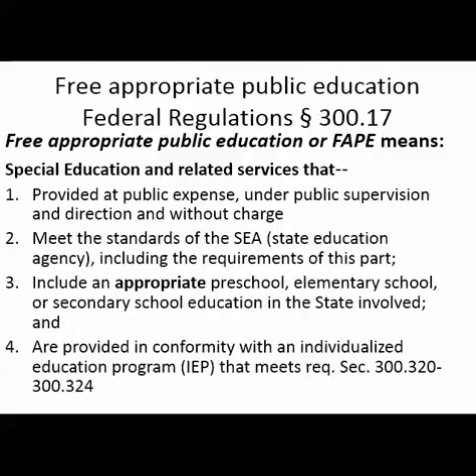Include an appropriate preschool, elementary school, or secondary school education in the state involved, and are provided in conformity with an individualized education program, an IEP, that meets requirements section 300-320 through 300-324 of the federal regulations. So this gives the parameters for providing FAPE.